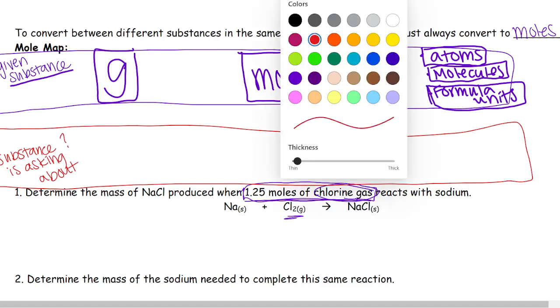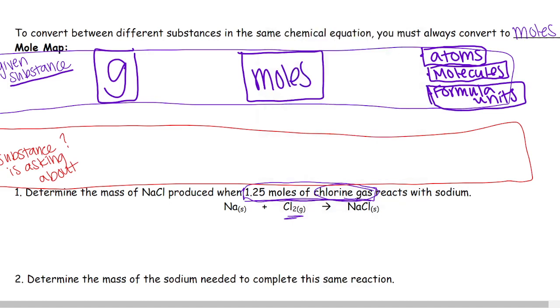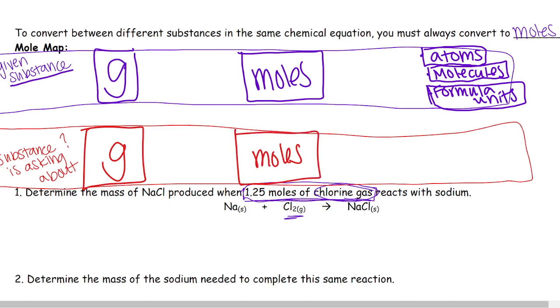And then I'm going to mirror that exact same thing. I'm going to put all of those same things down in the substance that the question is asking about. So grams is going to be one thing, moles is going to be another thing, and then I'm going to have atoms, molecules, or formula units.